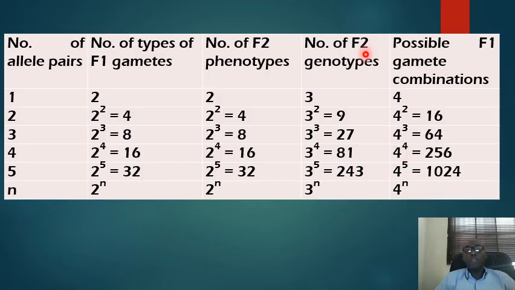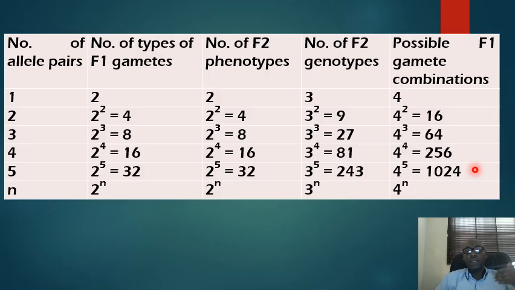But the number of genotypes to be produced in the F2 generation is going to be 9, 27, 81, and 243. And the possible gamete combinations is going to be 16, 64, 256, 1024.